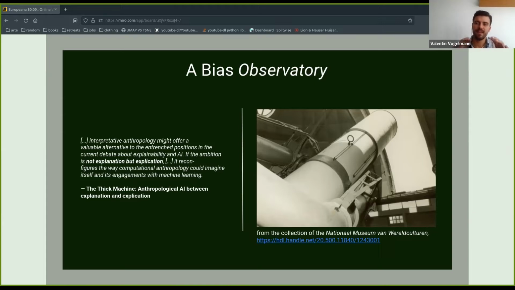And then the AI only highlights those examples that are interesting to look at.